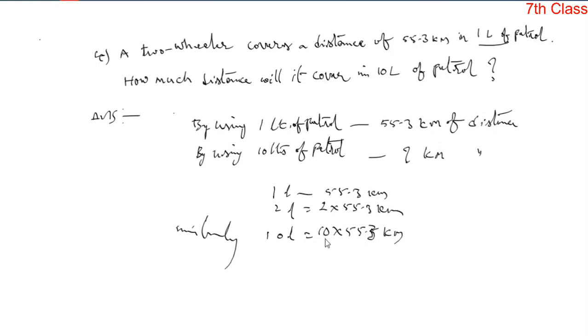So here, how many zeros are there? 1. 1 zero is there. So you should move the decimal point towards right 1 digit, this is the easy method, which gives 553.0 kilometers, which is equal to 553 kilometers.